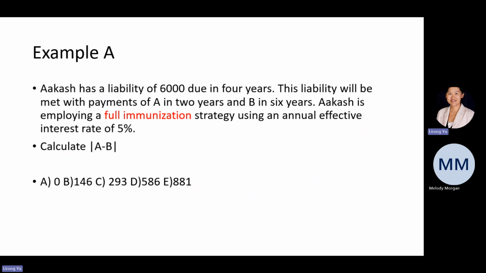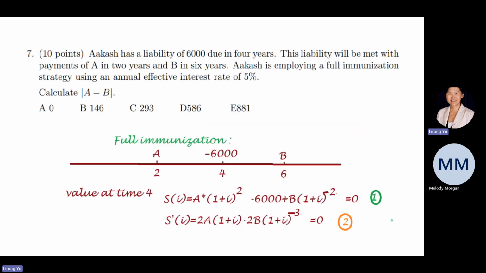That sounds like a plan for full immunization, because the liability is at time 4, the 2 is before 4, and the 6 is after 4. The interest rate is 5%. We want to find A minus B, meaning we have to find A and B and then subtract them. All right, so this is the timeline.